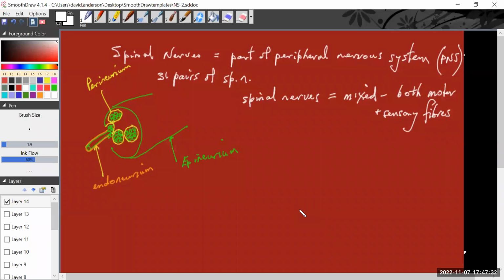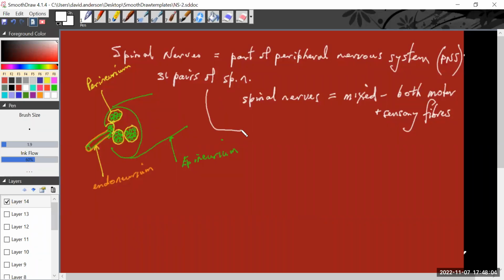So in the cervical vertebrae, because we start above C1, there's actually 8 cervical nerve roots, C1 through to C8. And then 12 for thoracic. That makes sense because there's 12 thoracic vertebrae. 5 lumbar, 5 sacral, and on average, there's about 1 from the coccyx. So that's how we get our 31 pairs of spinal nerves.